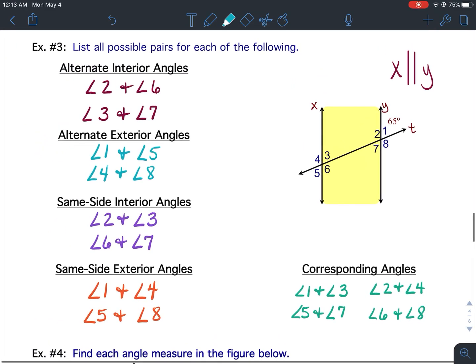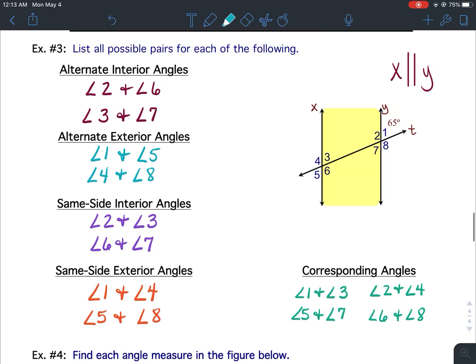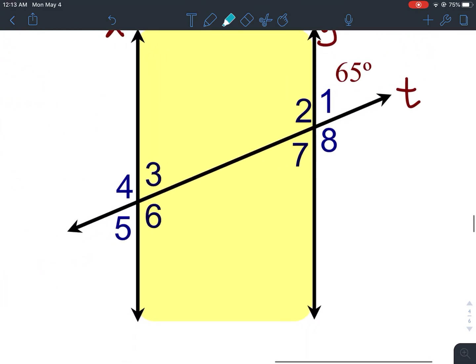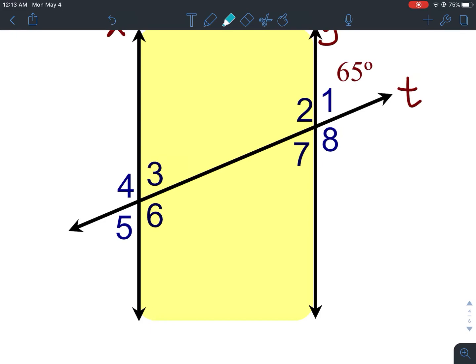Okay, so we named all the alternate interior, the alternate exterior, same side interior, same side exterior, and corresponding angles. The only thing left to do is come up with the angle measurements. Well, this is where we're going to use what I like to call the zigzag method. So I draw a zigzag. First, I start with my vertical angles. 1 and 7 are across from one another. They are vertical angles. Then we do alternate interior.